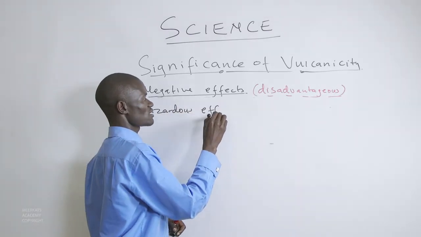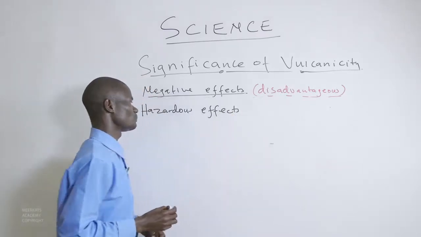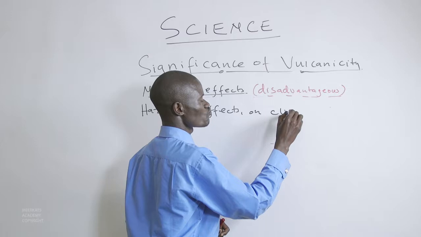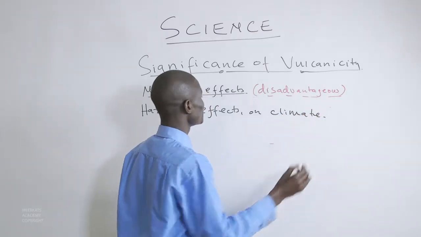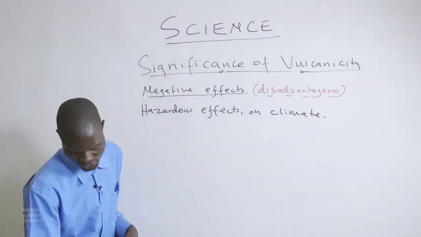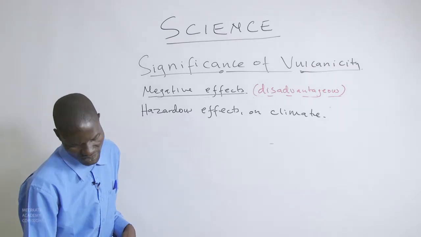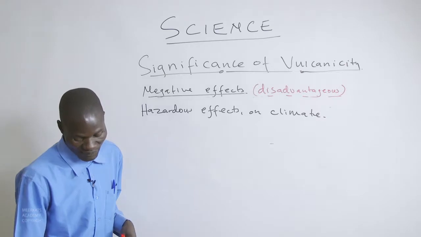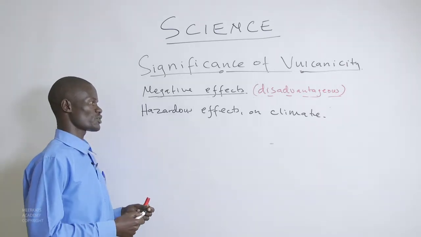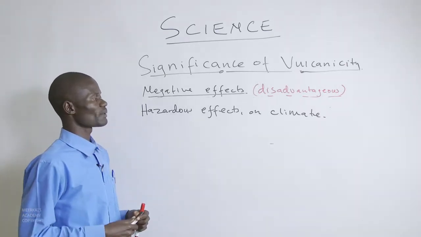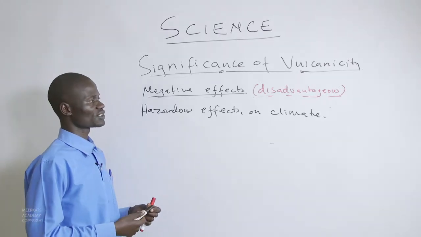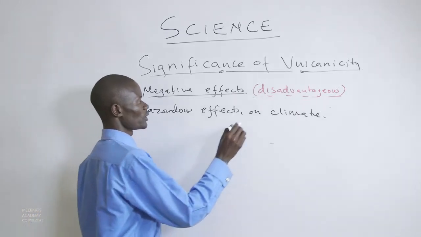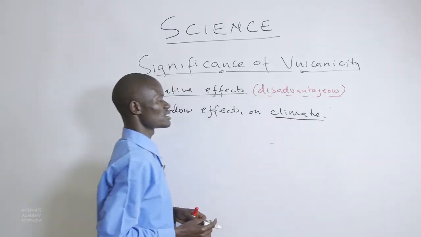We have various hazardous effects, especially on climate, leading to climate change, and on the health of some individuals or human life when they are exposed to them. I've already explained the effect of the poisonous gas that is emitted in the air, which will result in respiratory diseases.